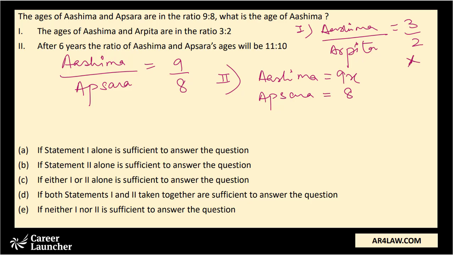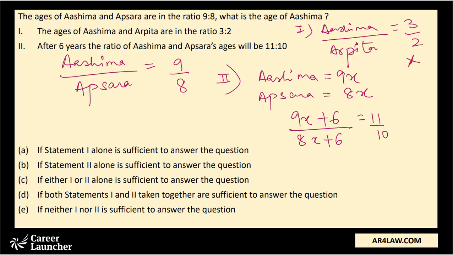Whenever we open a ratio, we have to take a constant. According to the second statement, (9x+6)/(8x+6) would be 11/10, since after 6 years the ratio of their ages would be 11 is to 10.